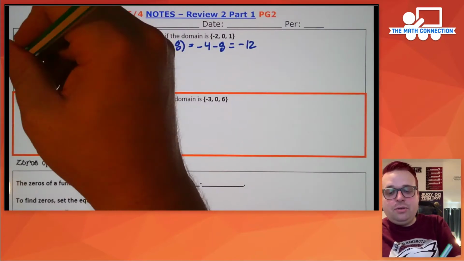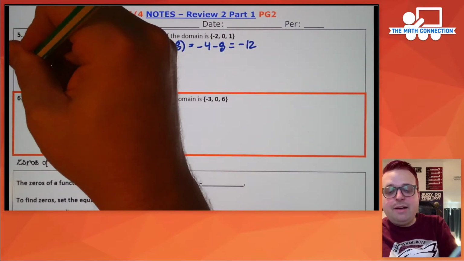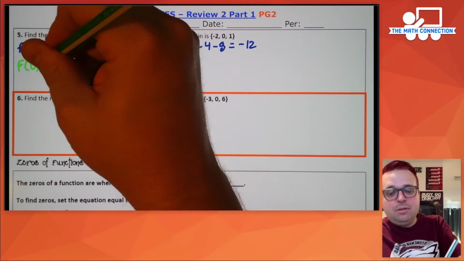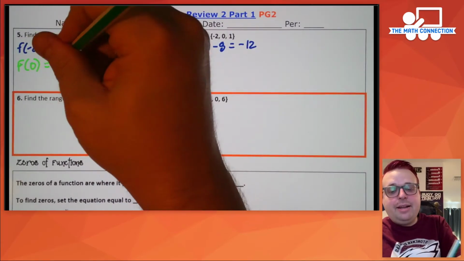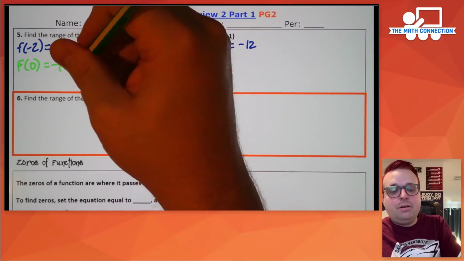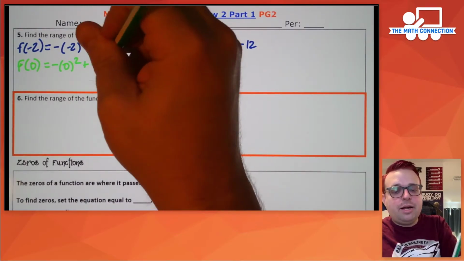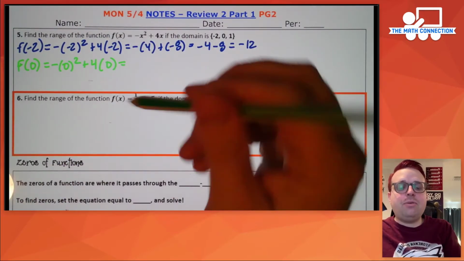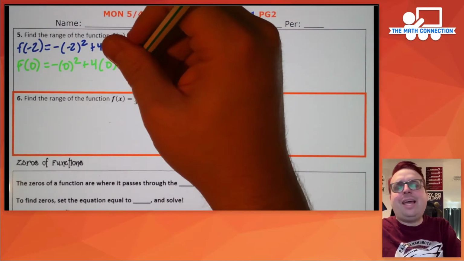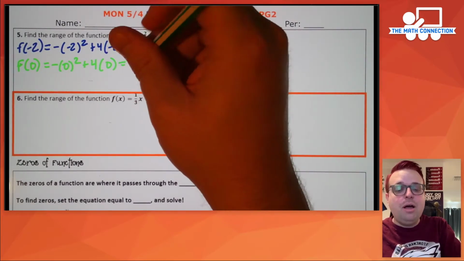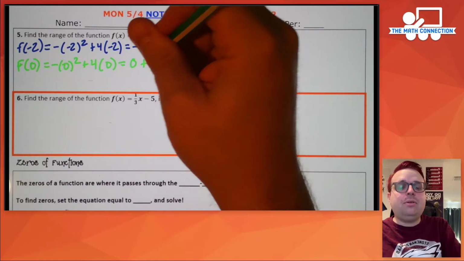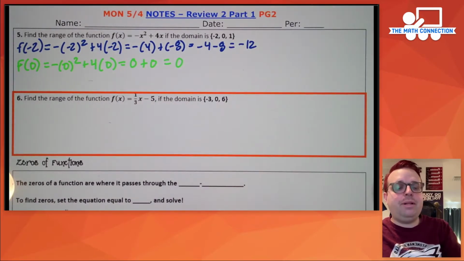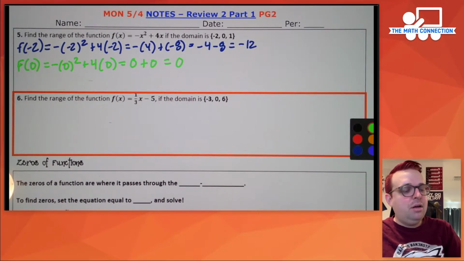I will switch colors here and do f of 0. That will be -0 squared plus 4 times 0. Well, 0 squared is 0, so you can't have -0, so it's just 0. And then 4 times 0 is 0, so 0 plus 0 gives me 0. That's my next output.